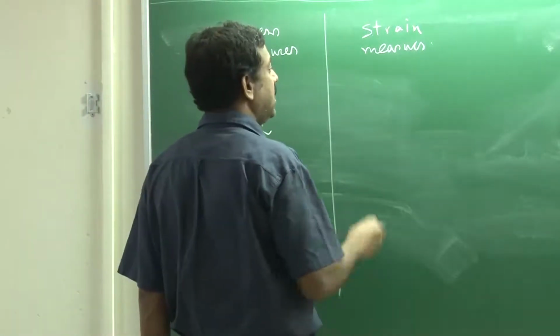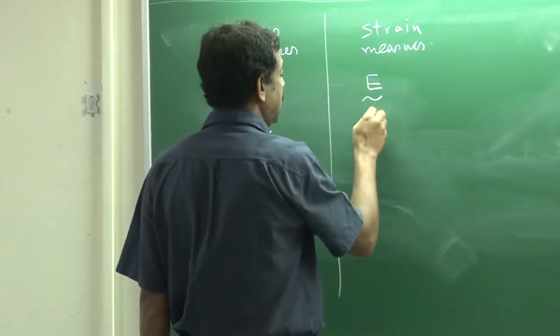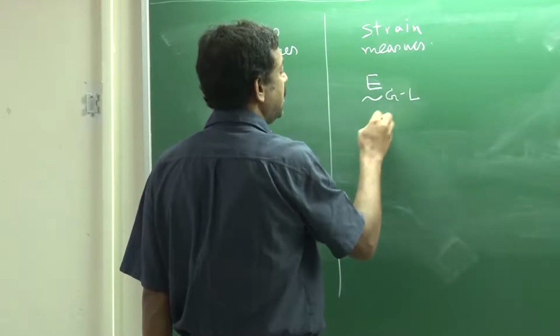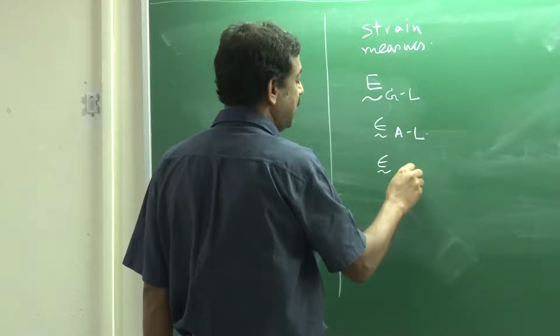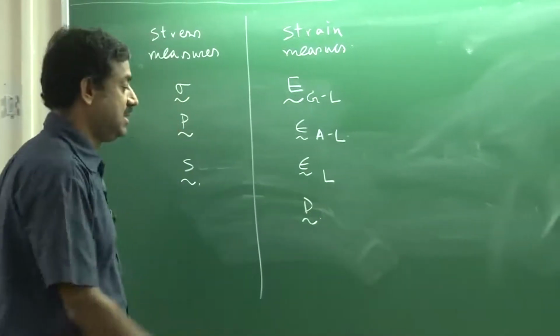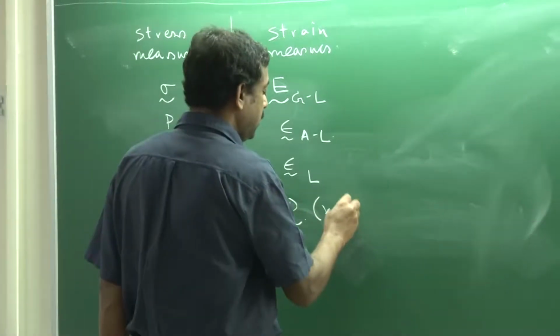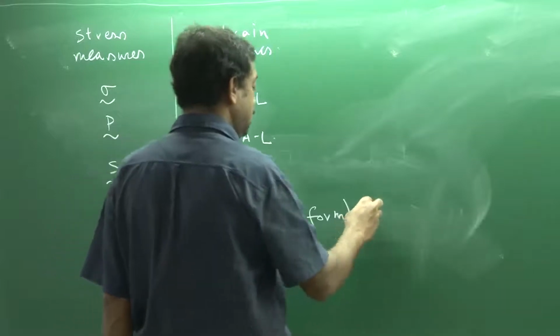And we also defined the strain measures: Green-Lagrange, Eulerian-Almansi, and logarithmic strain measure, and also the rate of deformation tensor, which is of course in rate form. Mind that.